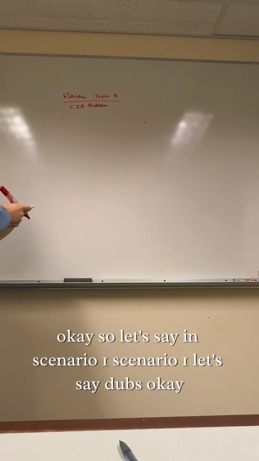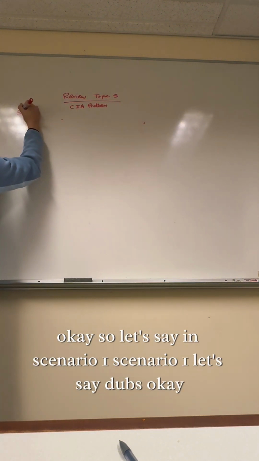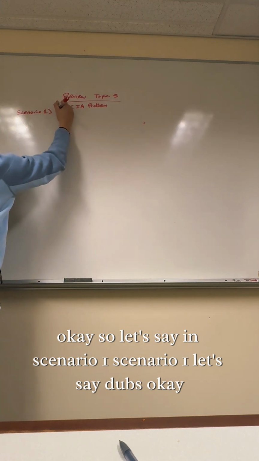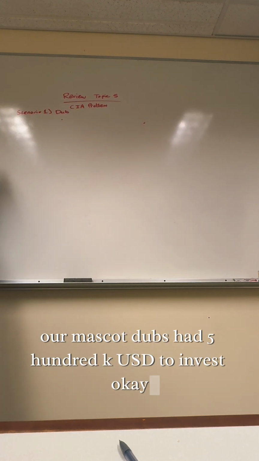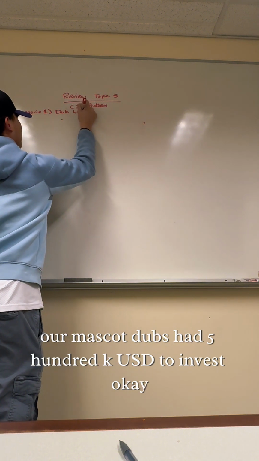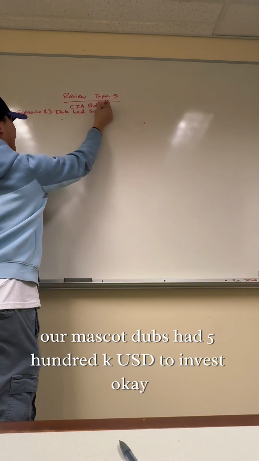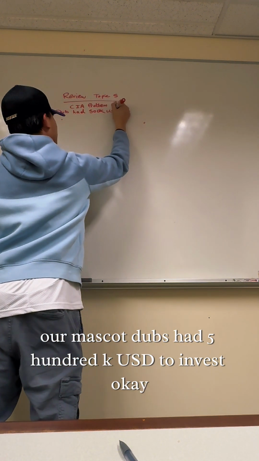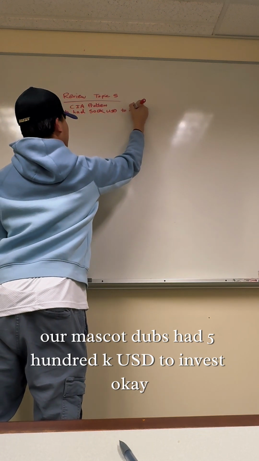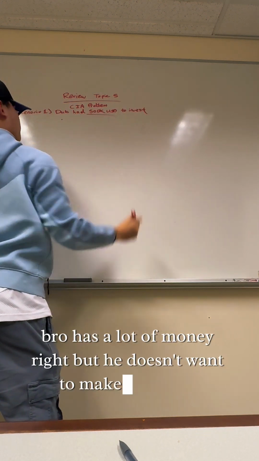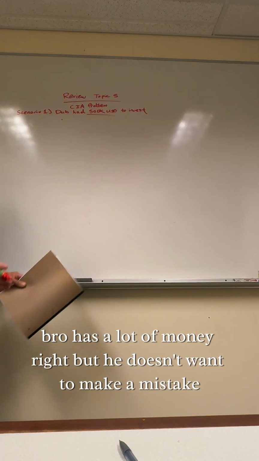So in scenario one, let's say Dubs, our mascot, had 500K USD to invest. He has a lot of money, but he doesn't want to make a mistake.